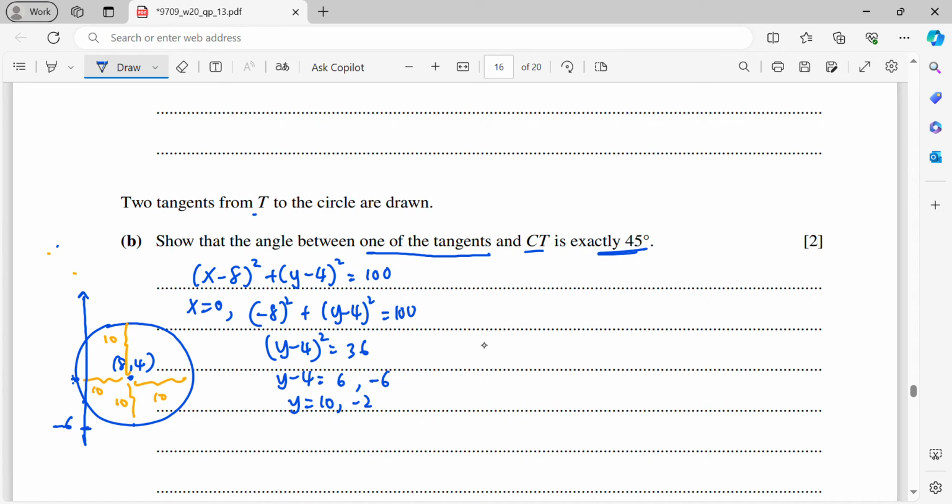So I know that here is minus 2. Something like this. Now, this is my y, here is my x. Then here is 10 plus 8, which is 18. And 4 plus 10, I will get 14 over here.